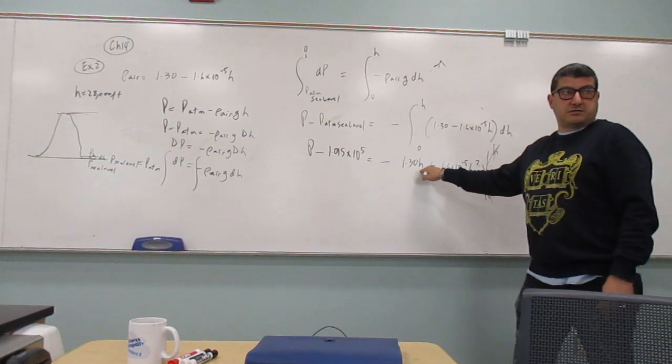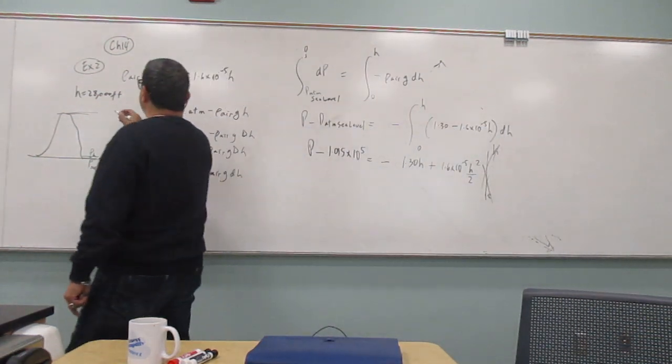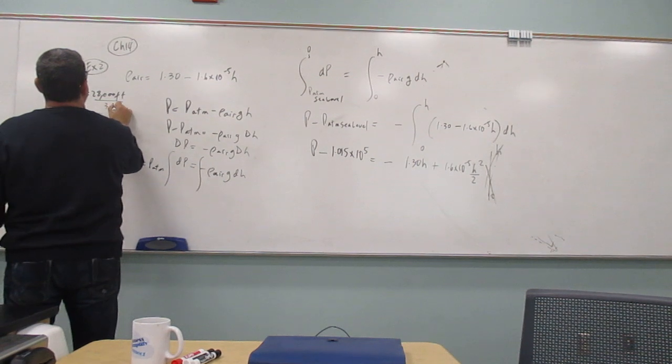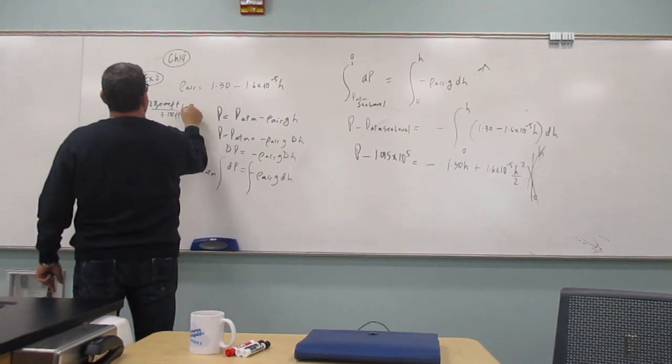Now I can put my height, right? So what is my height? 28,000 feet, and then we change that to meters, right?